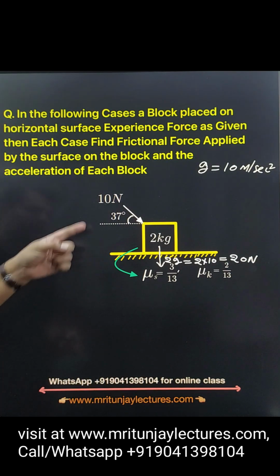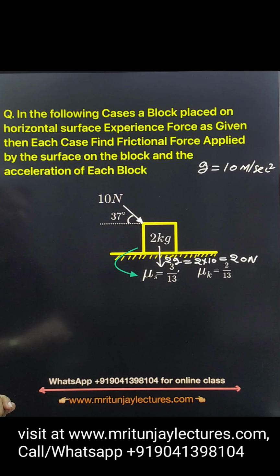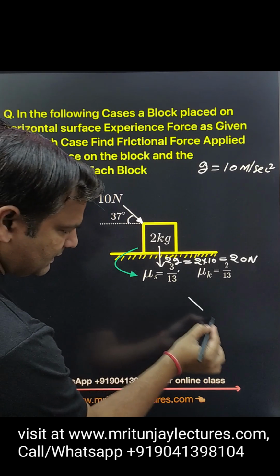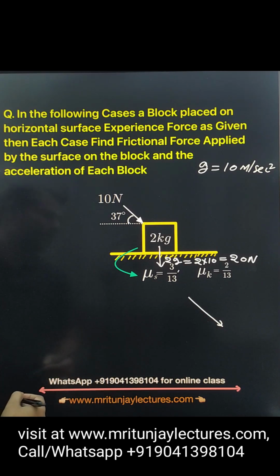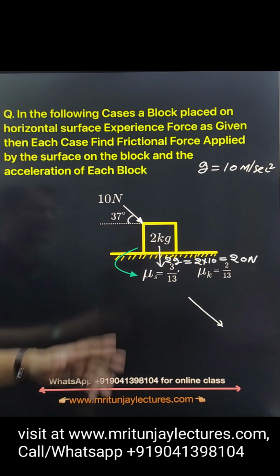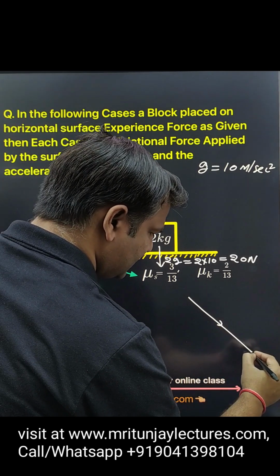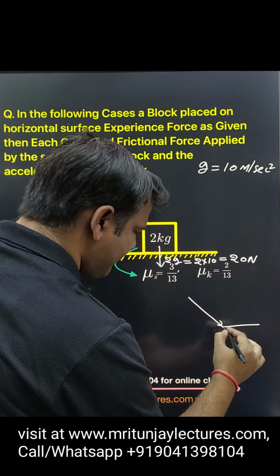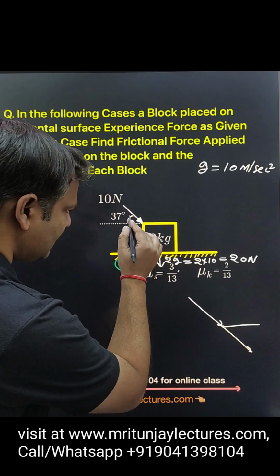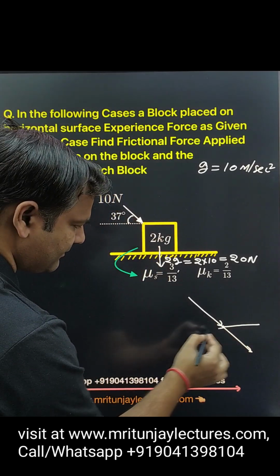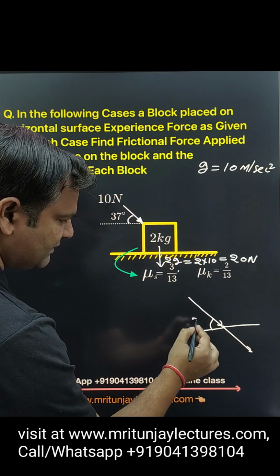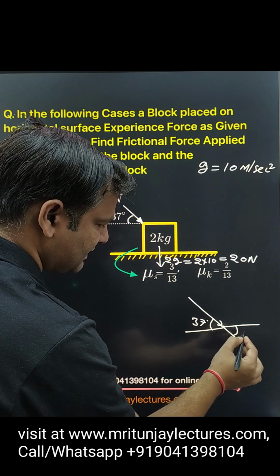But look here, that force is 10 Newton. So what about the components of the 10 Newton force along the x-axis and y-axis? That angle is 37. So if you redraw here, with the horizontal 37 degrees, this one is also 37.